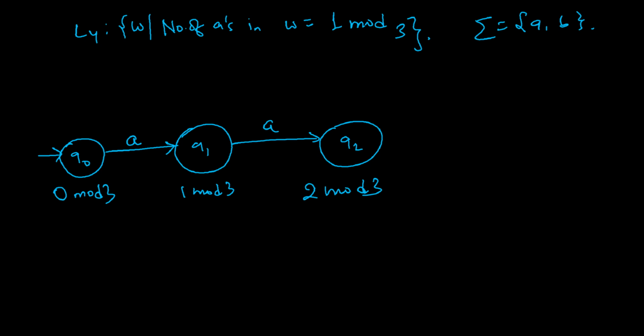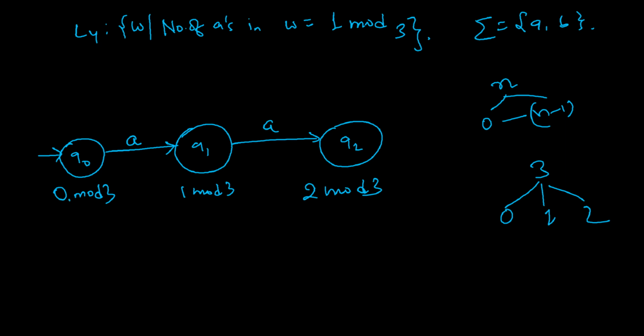That's it. When you have to divide by a number n, the remainders would be from 0 to n minus 1. So when you are dividing by 3, the remainders would be 0 or 1 or 2.